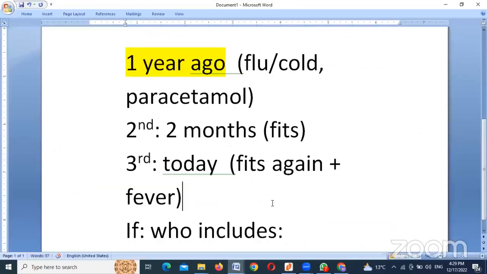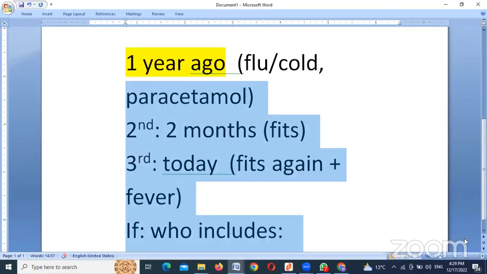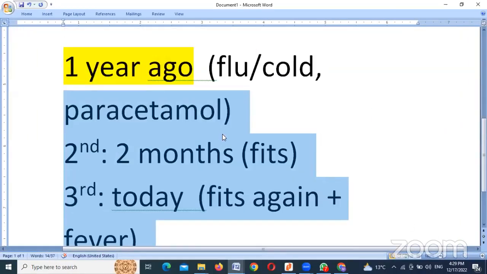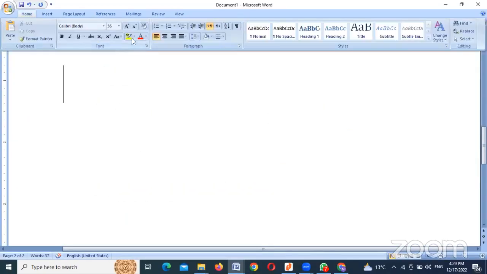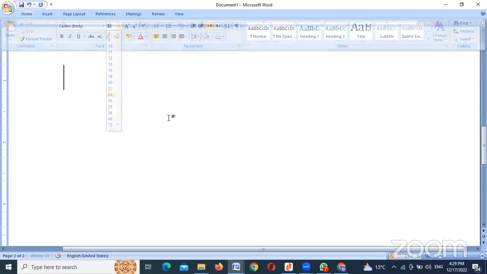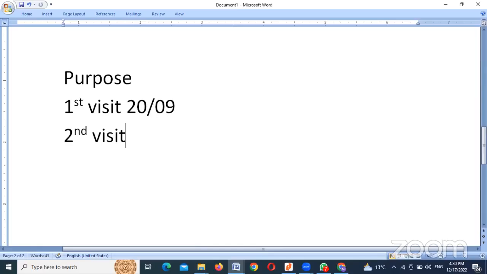So in this letter, we have the purpose. We have the first visit on 20 September, the second visit on 11 October, and the third visit on 11/11.